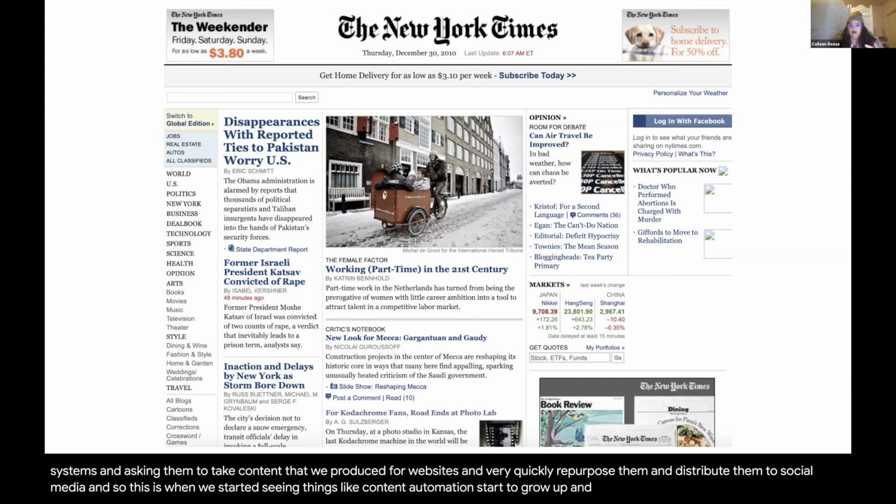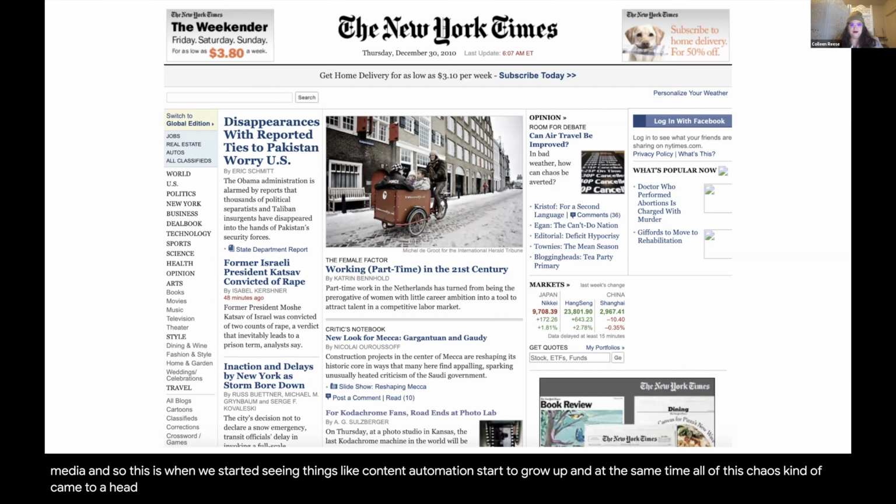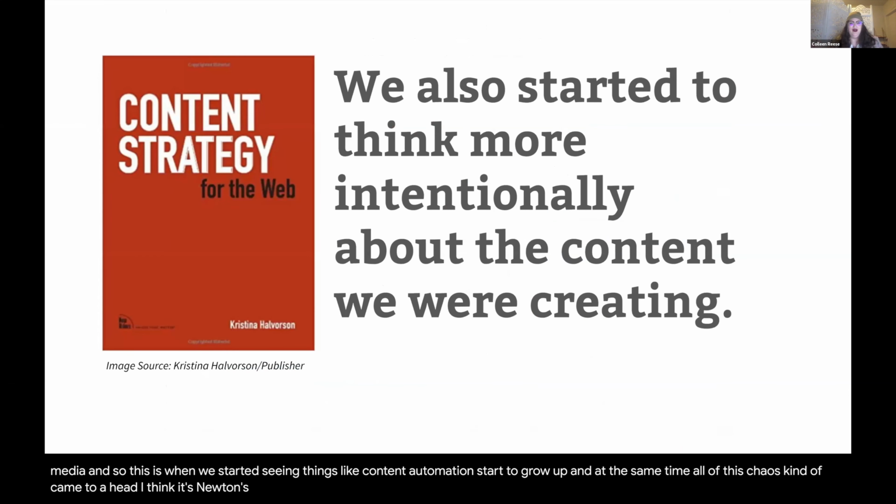At the same time, all of this chaos came to a head. I think it's Newton's third law that says, for every action, there is an equal and opposite reaction.